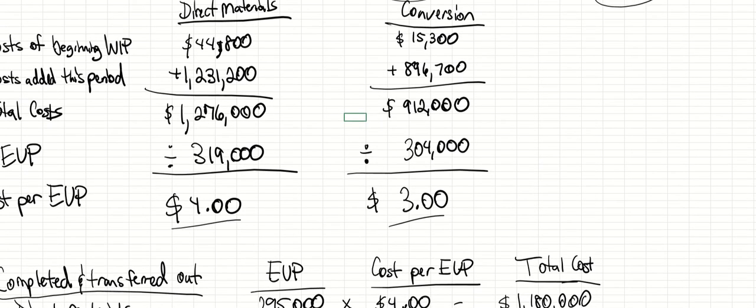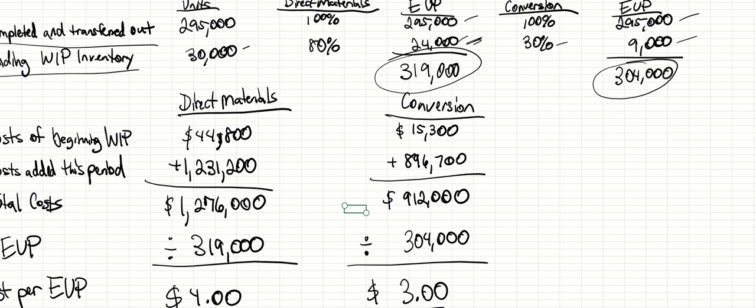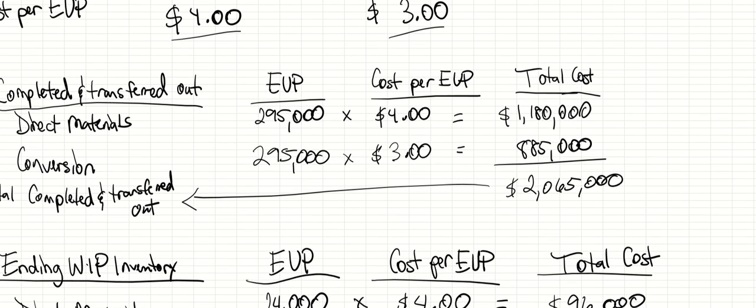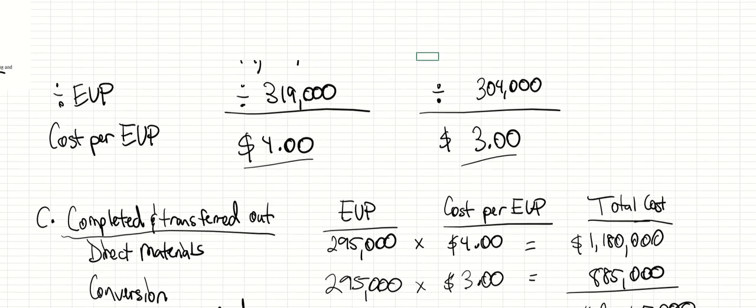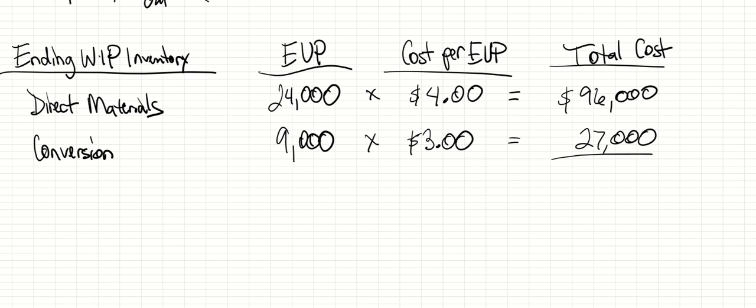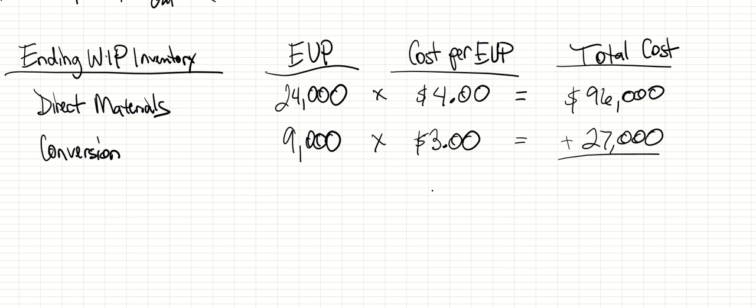For conversion, we're going to bring in this 9,000 for EUP from letter A. The cost per EUP from letter B is our $3. So 9,000 times $3 comes out to be $27,000. And so we add 96,000 to 27,000, and that comes out to be 123,000.